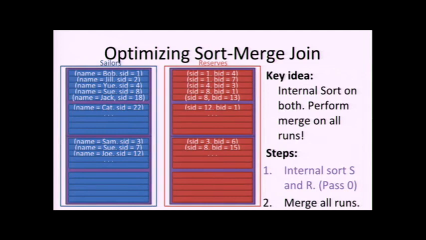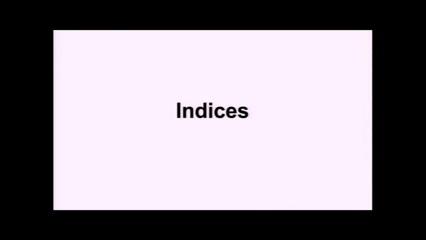This optimization is, if we observe that on our final pass, all we have to do is merge, then we don't actually have to completely sort S or completely sort R. If by reserving a buffer for each run, we can fit all of those buffers into memory and still perform the merge, then we don't have to completely sort S and completely sort R. Okay, any questions on join algorithms?